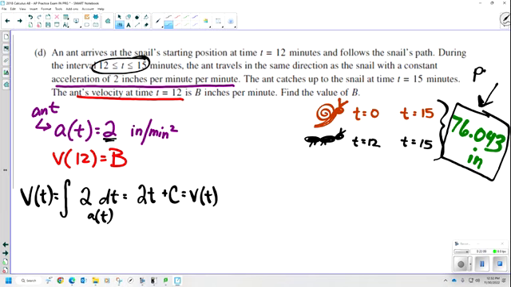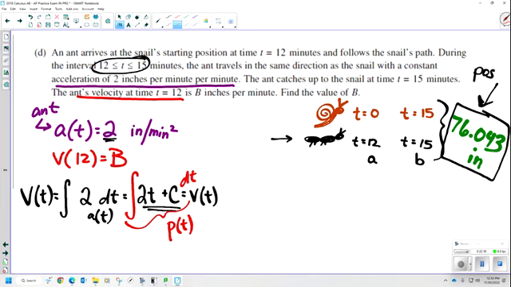That is position. If I integrate velocity, I can get position in regards to the ant with the bounds, my lower bound 12 and my upper bound 15. So if I integrate velocity, you got to do that dt. This would give me position.